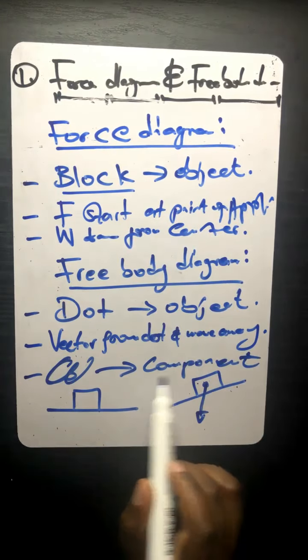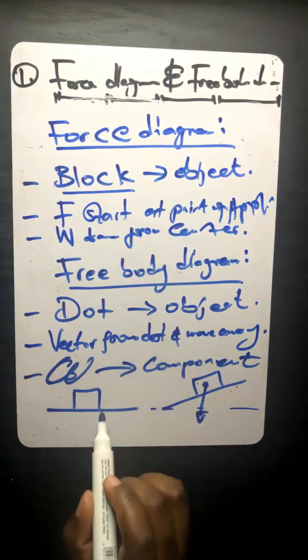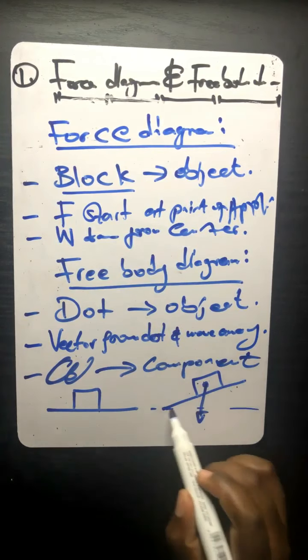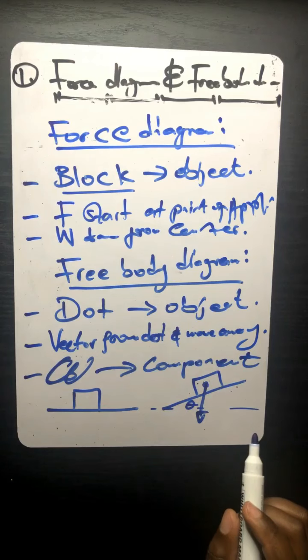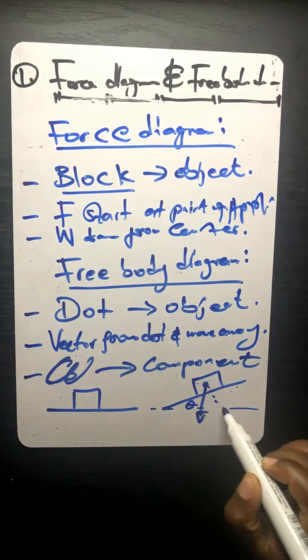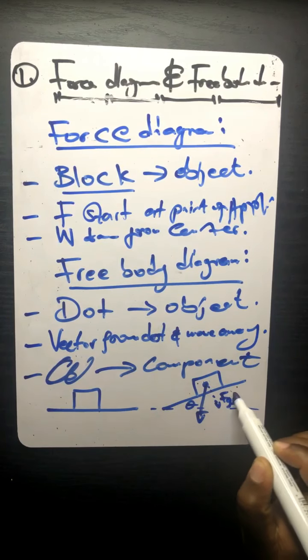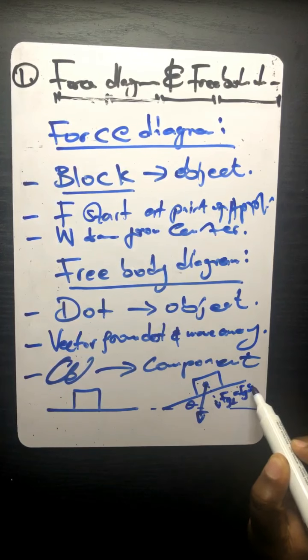So the weight has components on an inclined surface. I was saying it's easy when we deal with an object resting on a horizontal surface as compared to a surface on an incline, because you've got components there, and these are the two components, which is FG perpendicular. We know this one. Was it FG sine or cos?